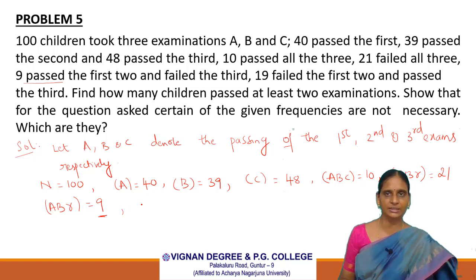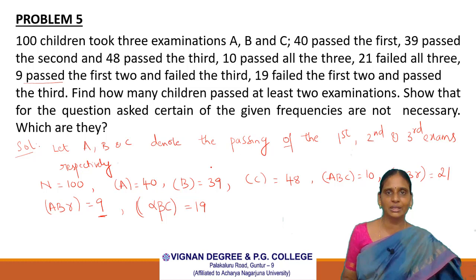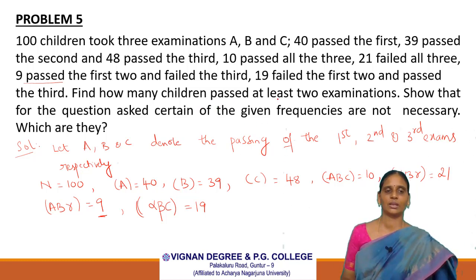That can be represented as alpha, beta, C. That is frequency of alpha, beta, C is equal to 19. So this is the symbolic representation of the given information. Next we have to find out the number of children passed at least 2 examinations.